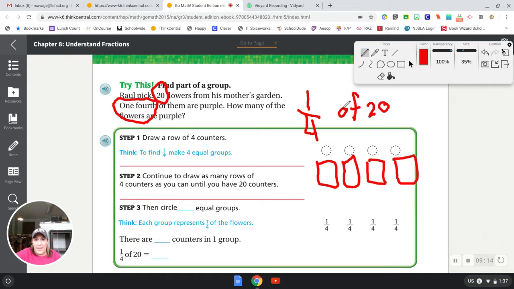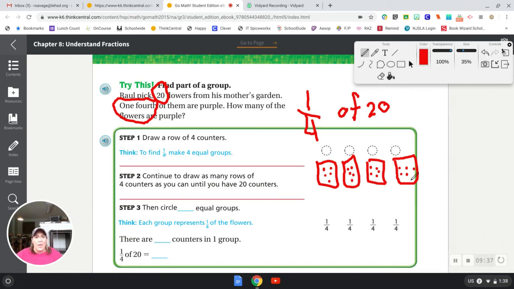And now I'm just going to deal out 20 into those 4 groups. 1, 2, 3, 4, 5, 6, 7, 8, 9, 10, 11, 12, 13, 14, 15, 16, 17, 18, 19, 20.